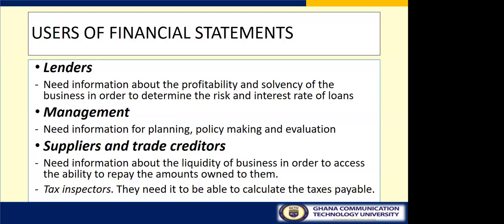Even if they are lending money through a financial intermediary, at the end they are getting a return back. You see, the main difference is that they need information about the profitability, like the investors, but they also need information about the solvency of the business. What is solvency, please?